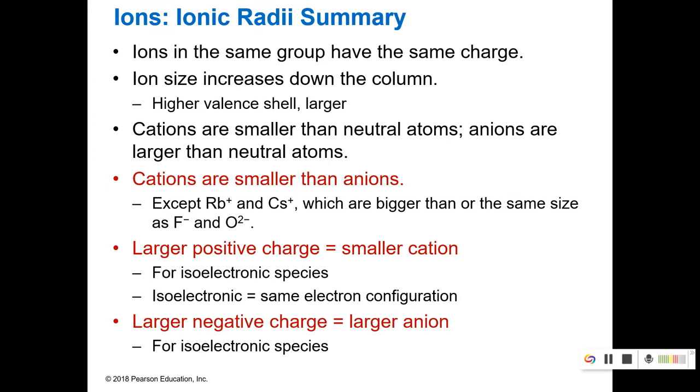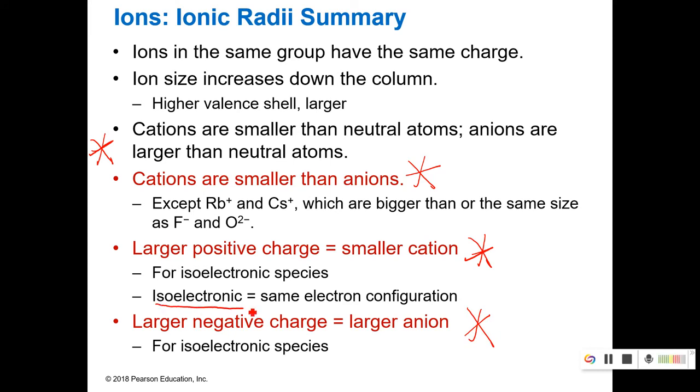Okay, so just some things to remember. Cations are smaller than anions because they lose stuff. Cations are smaller than their neutral atom. Anions are going to be larger because they're gaining. Also, the larger the positive charge, the smaller it is. And the larger the negative charge, the bigger it is.